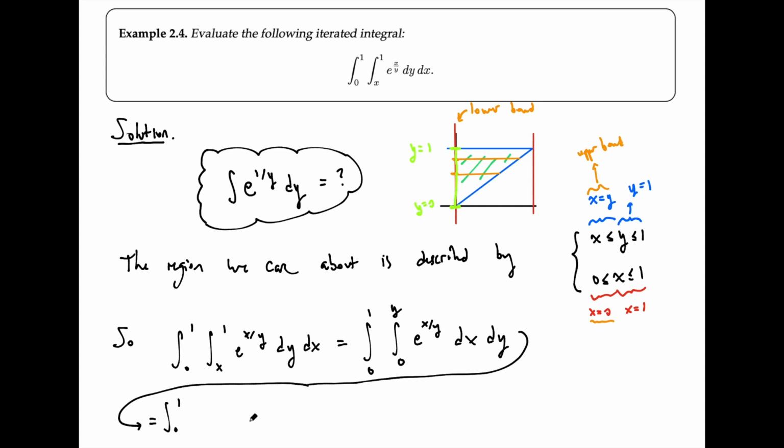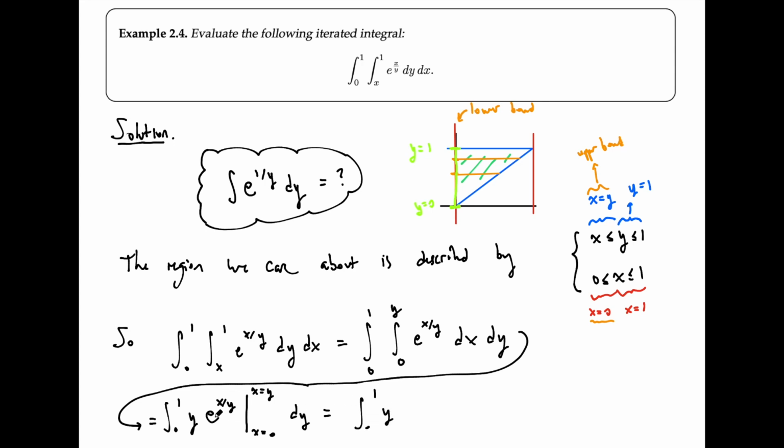The antiderivative with respect to x is going to be e to the x over y, but then I have to divide by the coefficient here. Dividing by 1 over y is the same thing as multiplying by y. And I'm going to evaluate this at my upper and lower bounds, which are x equals y and x equals 0. When we plug in y for x, what do we get?